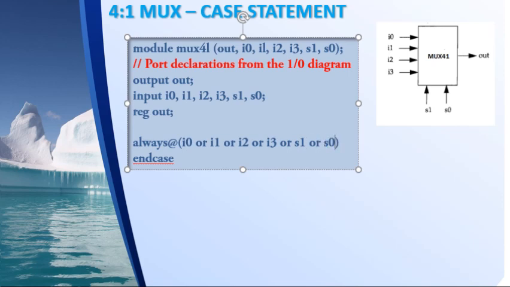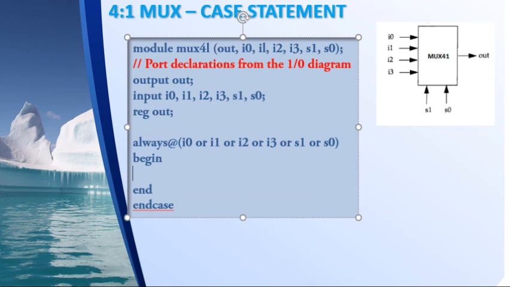If any one of these signals has an event occurring on it, then the always block is to be triggered. That is, in other words, the 4:1 mux has to give me output. The statements inside the always block should be enclosed between begin and end. So I can have the case statement directly.